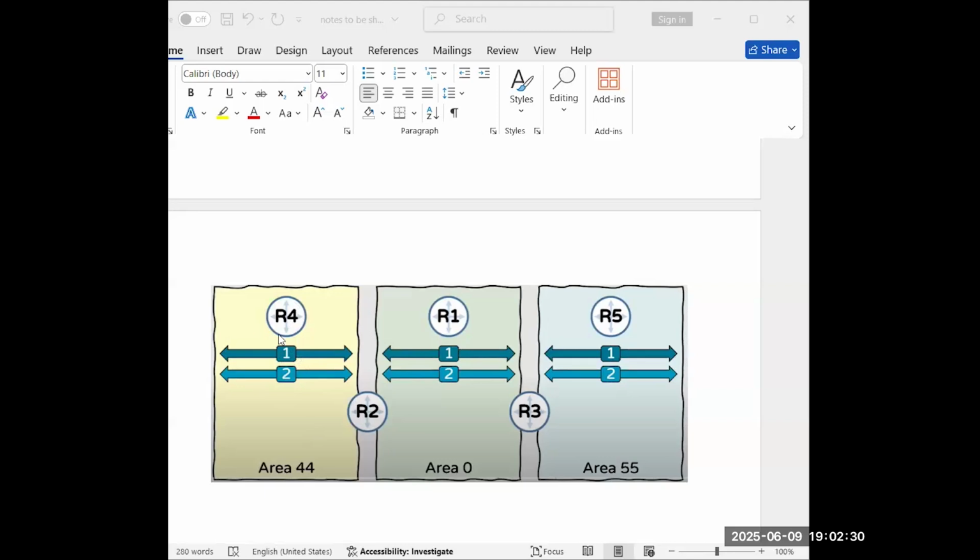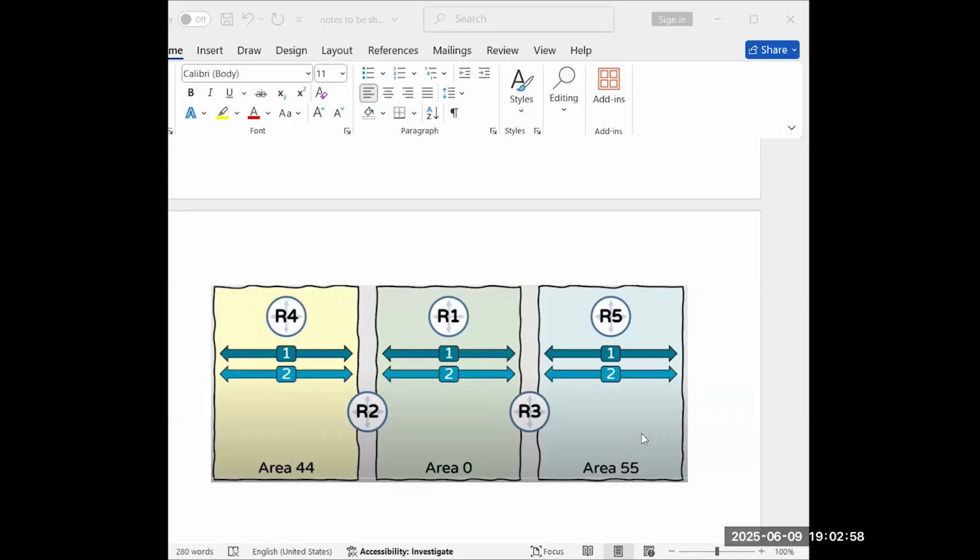So R4's type 2 network LSA advertisement packet is not going to reach R1. At the same time, R4's LSA type 2 is also not going to reach R3 or R5, because these three routers are of different areas.